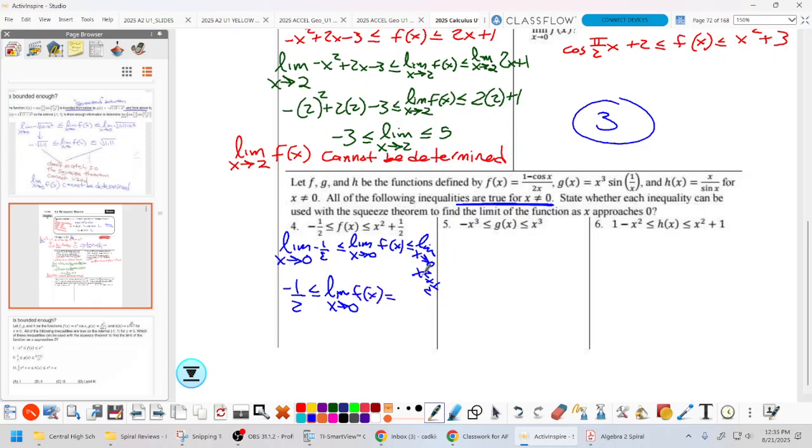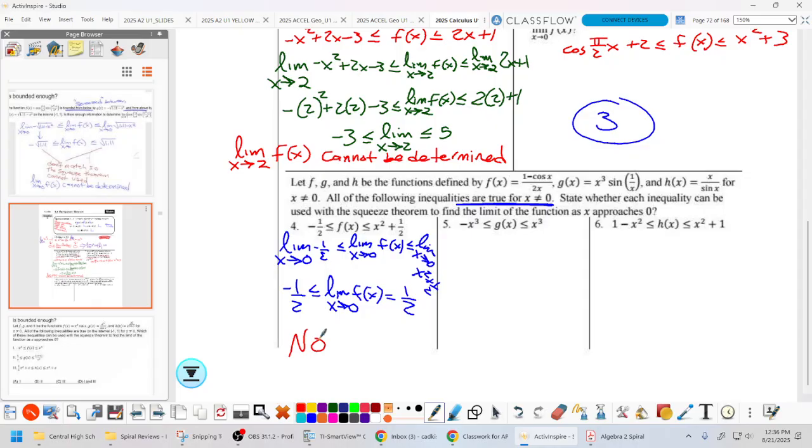And then how about this one? Like what's the limit as x approaches 0 of the right hand function? It's just 1/2, yeah. So can we use the squeeze theorem for that? That's just like the warm-up, right?